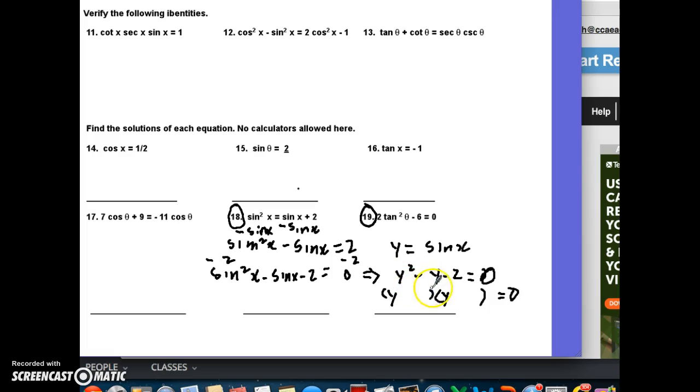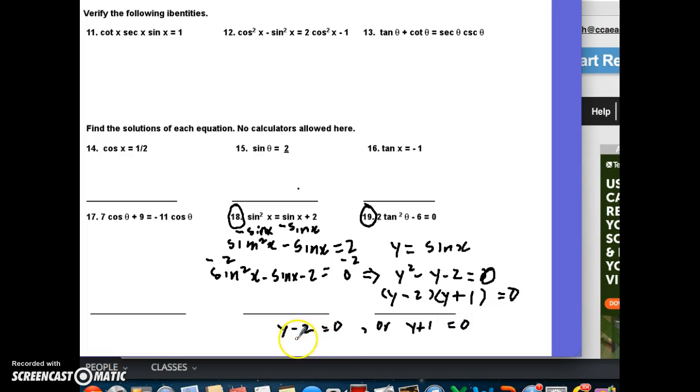Since our middle term is negative, we're going to make the bigger one negative. So it's y minus 2, y plus 1 equals 0. You might recall from algebra that if you multiply two binomials to get 0, then either y minus 2 would have to be 0, or y plus 1 would have to be 0.